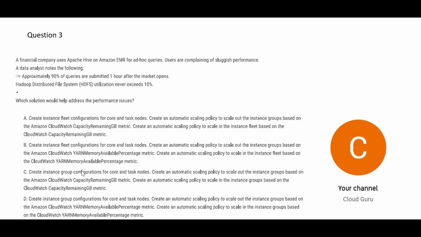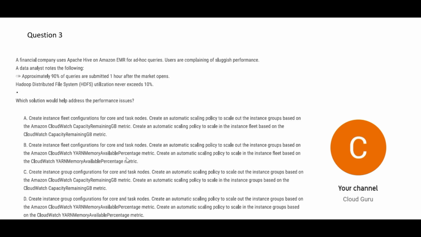The second part is almost the same: it does automatic scaling based on a metric. Options A and C both use the CapacityRemainingGB metric, and B and D use the YARNMemoryAvailablePercentage metric.